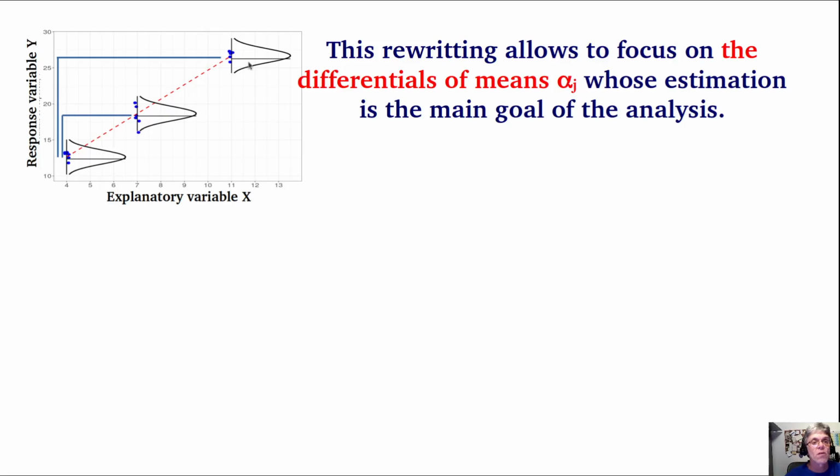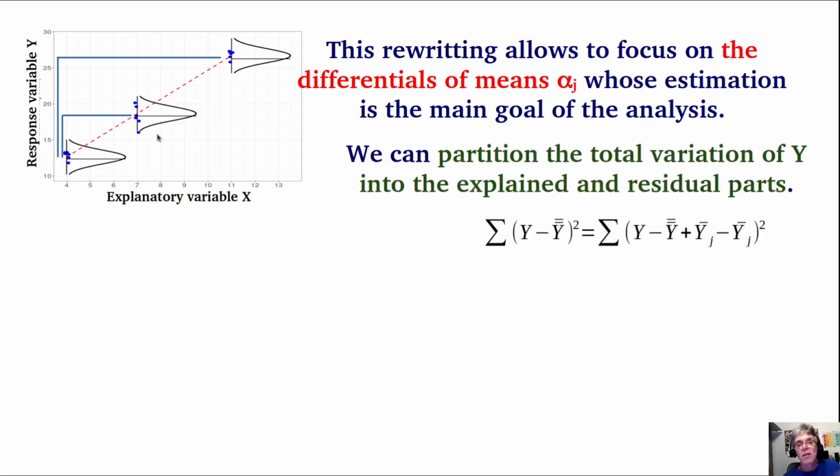Notice that in all of these cases we are assuming that the variable has a normal distribution, only changing its mean values. This rewriting of the model allows us to focus on the differentials of the means, the alpha sub j's, whose estimation is the main goal of the analysis.